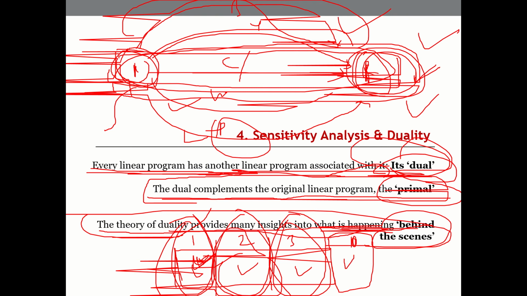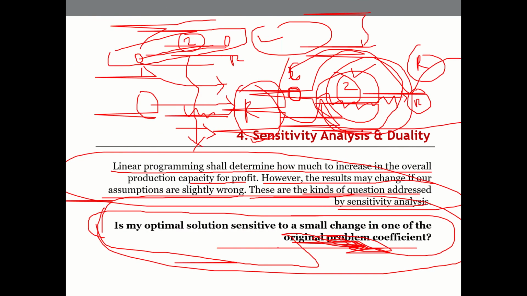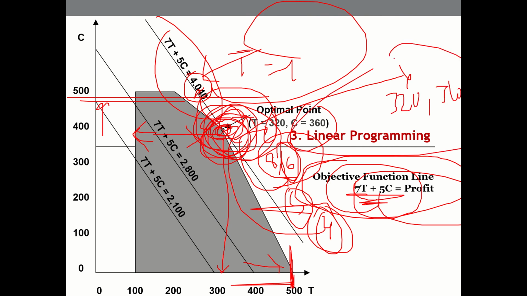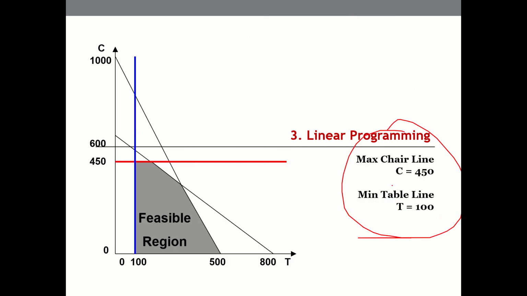If you have to go back and understand this, although this is the optimal solution, where we have to make 320 and 360 chairs, the other way is we can decrease this further and increase this further as well, provided we are not breaking the rules.